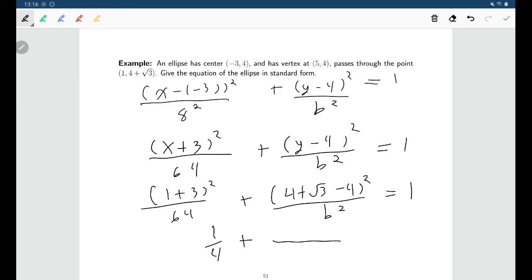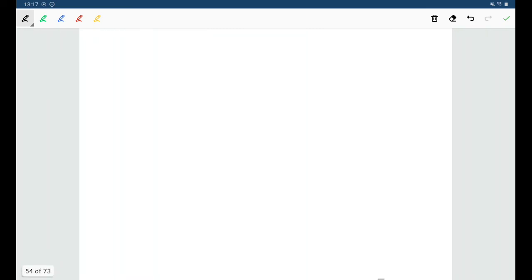For the second fraction, the numerator, the 4 and the minus 4 would cancel, so you'd really just have root 3 squared, which is just 3. So everything really simplifies down to just 1/4 plus 3 over b squared is equal to 1.